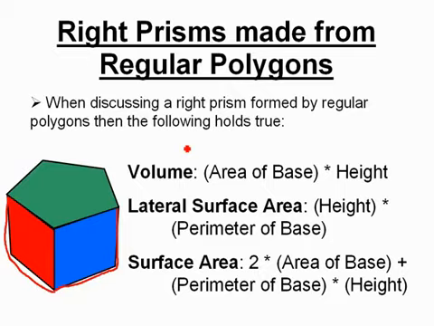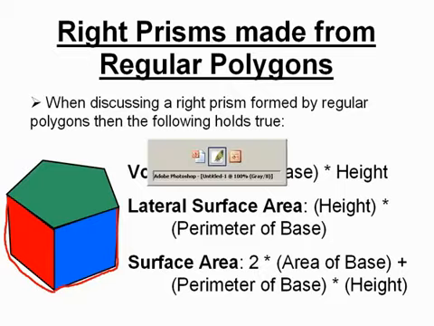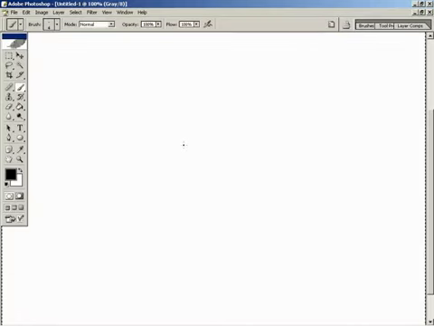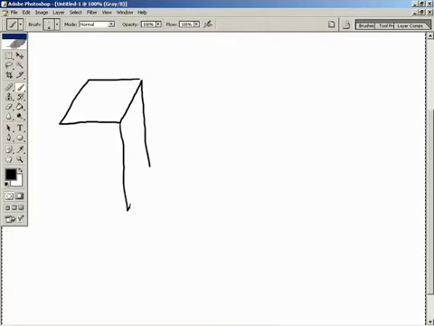Now we're going to talk about 2 very special prisms. There's the cube, which I'm hoping I'll get a little better artistic skills when drawing. Okay, it doesn't look like a cube, but it is. Actually, it looks so much like a box, we'll treat it like a box.